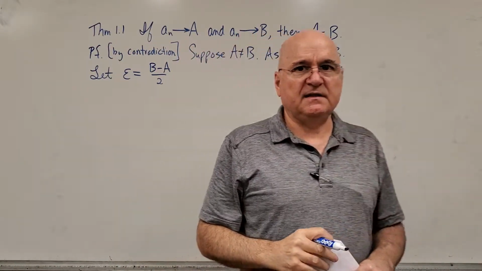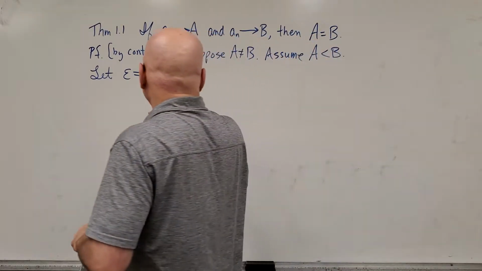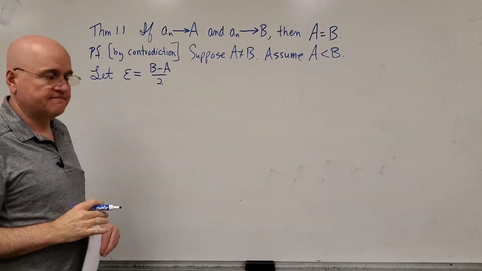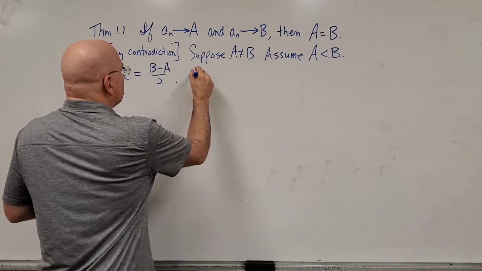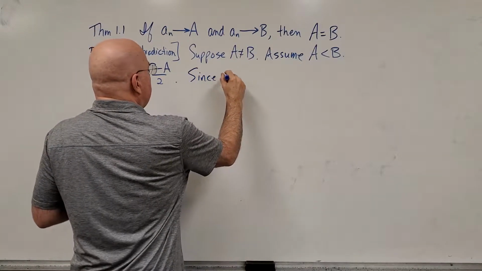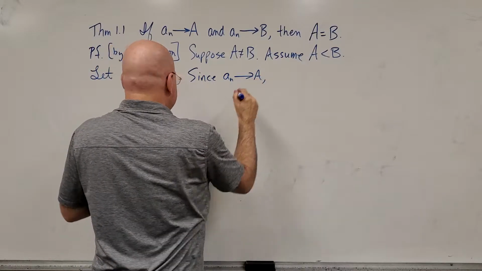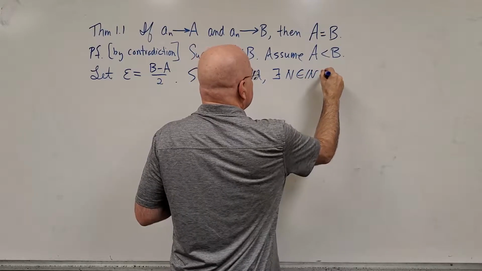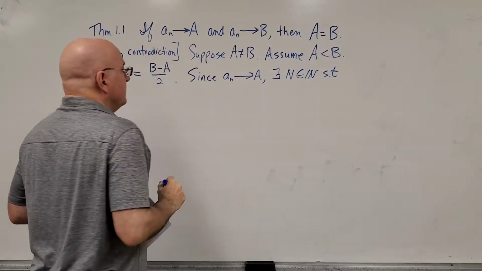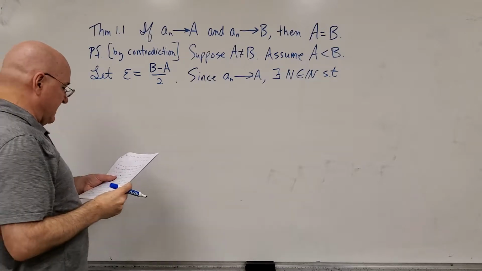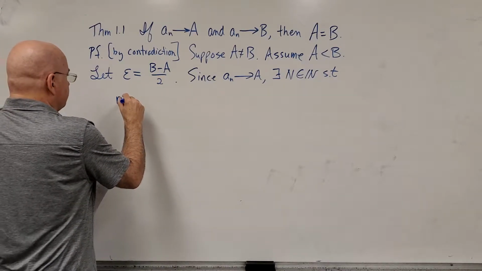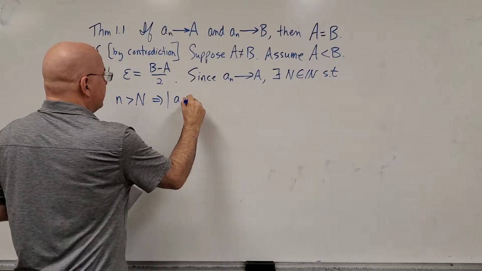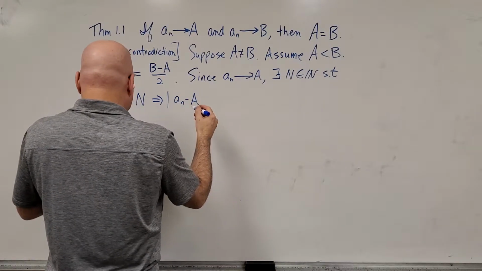That happens to be half of the distance between A and B. Since a_n converges to A, there's a capital N in the natural numbers such that if little n is bigger than that capital N, that implies the distance between a_n and its limit is less than epsilon.